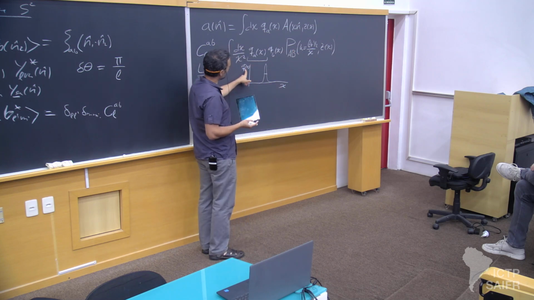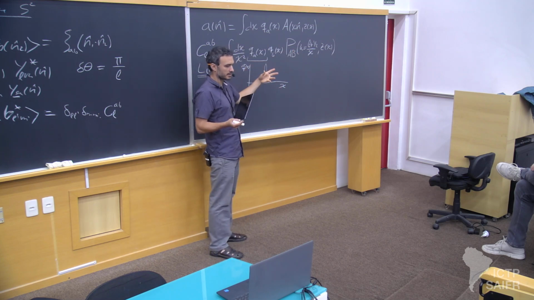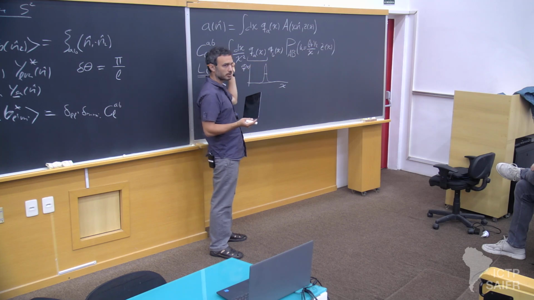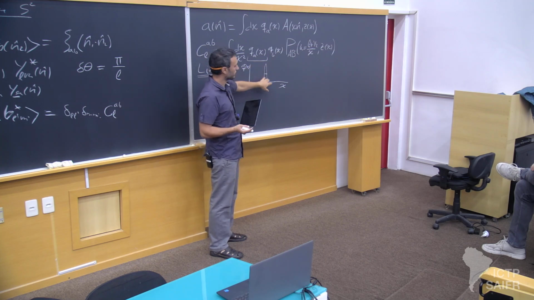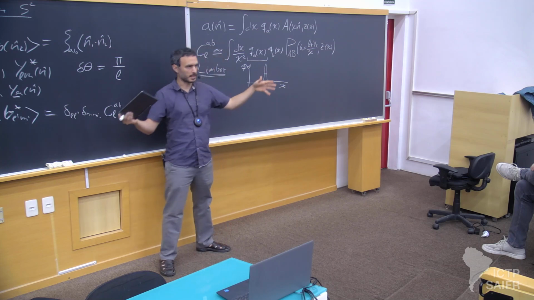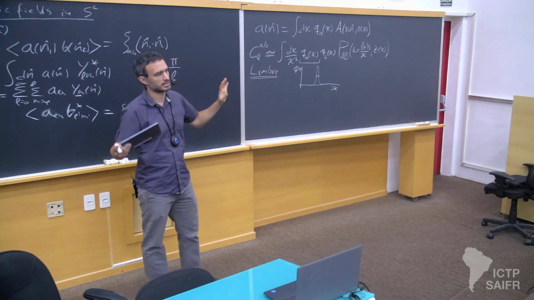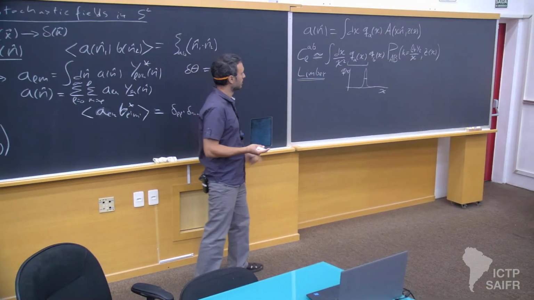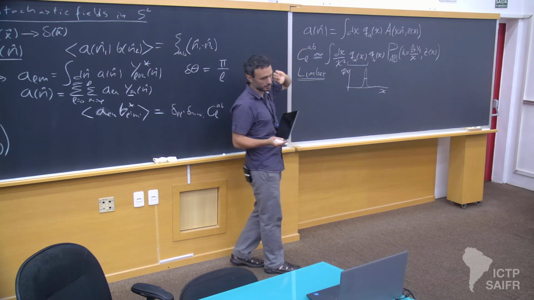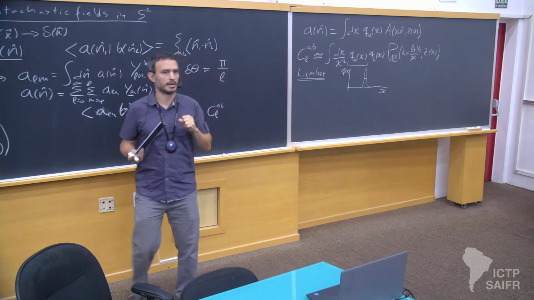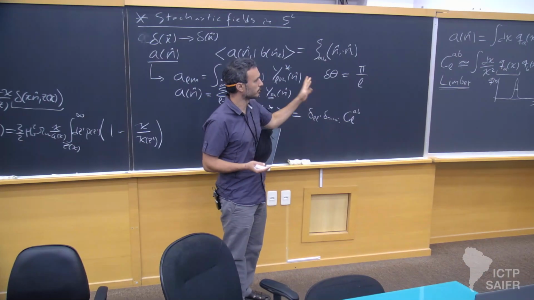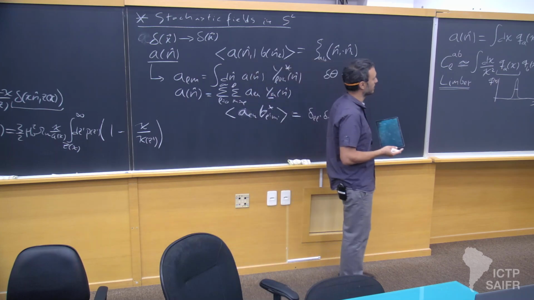So if you have a kernel that has a width of a few tens of megaparsecs or smaller, then Limber is going to fail miserably. So this will be a very bad approximation. For the most part, we have kernels that span several hundreds of megaparsecs, where the correlation function is essentially 0 or very, very small. So Limber is a good approximation for most of the observables that we're going to look at. So that's why I don't want to go into the details of the non-Limber stuff.